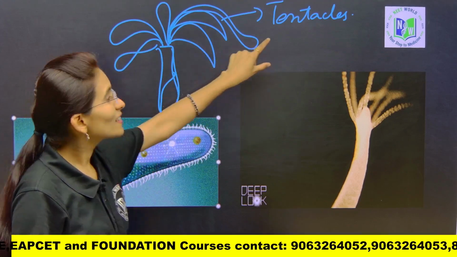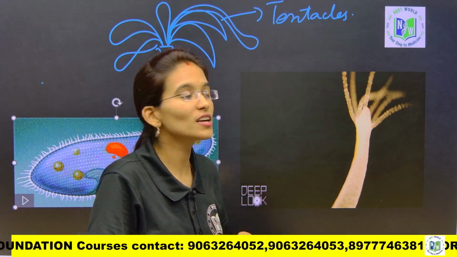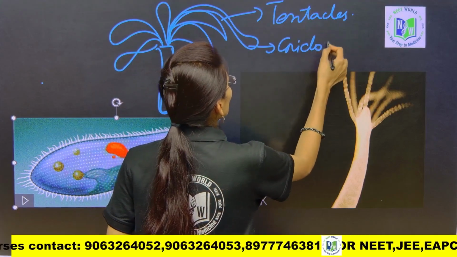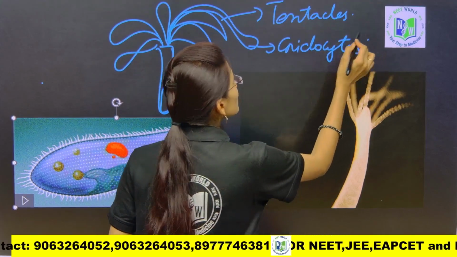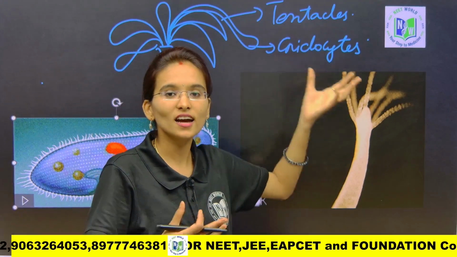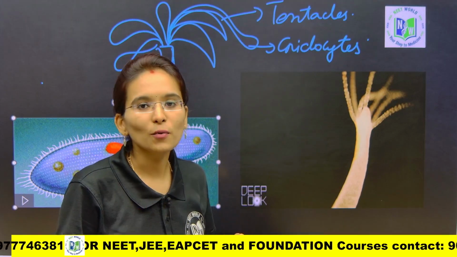Here the tentacles contain some cells which release poison. Those cells are called cnidocytes. The cnidocytes are the cells present inside these tentacles. Inside the hydra we can find the cnidocyte cells which release the poison outside.